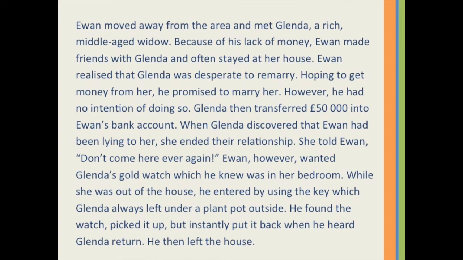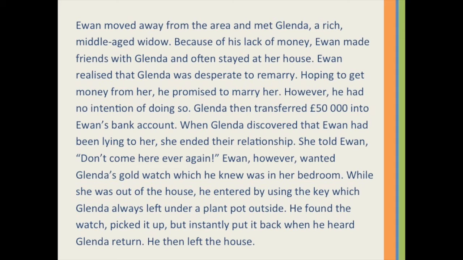Paragraph 2 from the same scenario. Ewan moved away from the area and met Glenda, a rich middle-aged widow. Because of his lack of money, Ewan made friends with Glenda and often stayed at her house. Ewan realised that Glenda was desperate to remarry. Hoping to get money from her, he promised to marry her. However, he had no intention of doing so. Glenda then transferred £50,000 into Ewan's bank account.